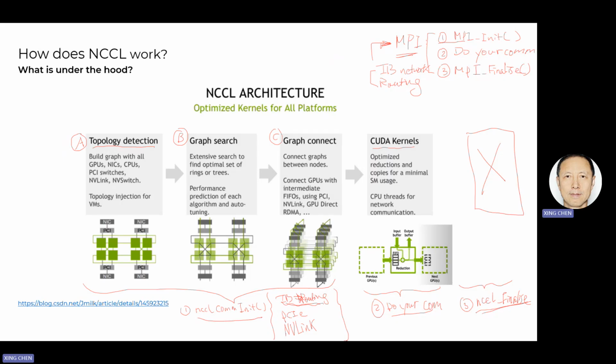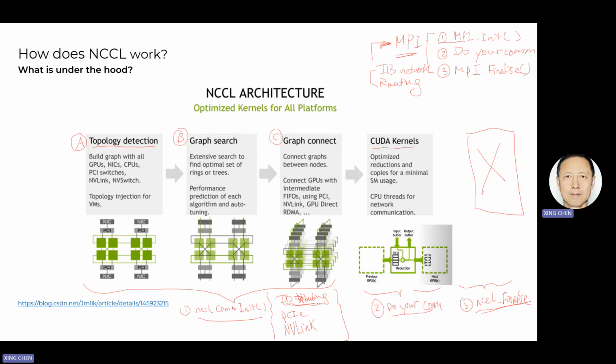So the routing for the NCCL communication library is one-off. You launch your job, set up your communication infrastructure, do your communication, and then destroy it. The second time, even with the same quantity and the same nodes that you have used, if you launch the same job, you still have to redo the routing, because this is one-off routing for NCCL communication libraries.